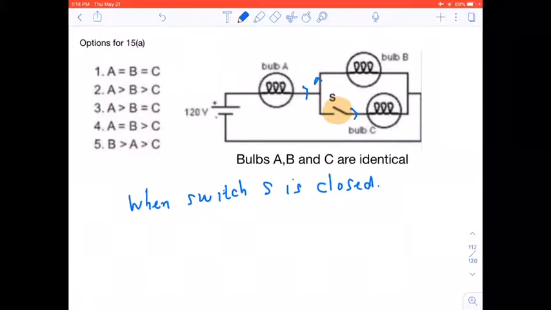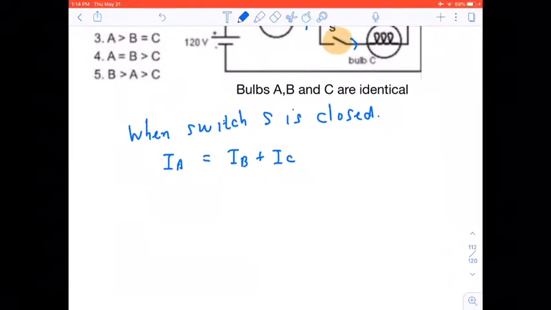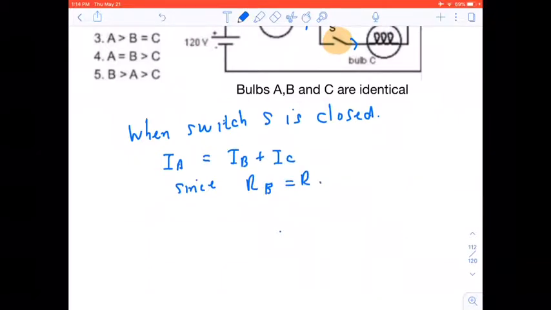So we have, let's say, current in bulb A is going to be equal to current in bulb B plus current in bulb C, right? And since R of bulb B is equal to R of bulb C, we can say that therefore IB is equal to IC.